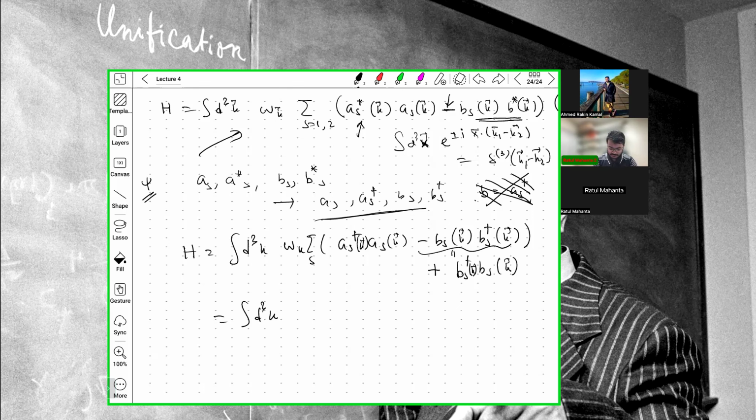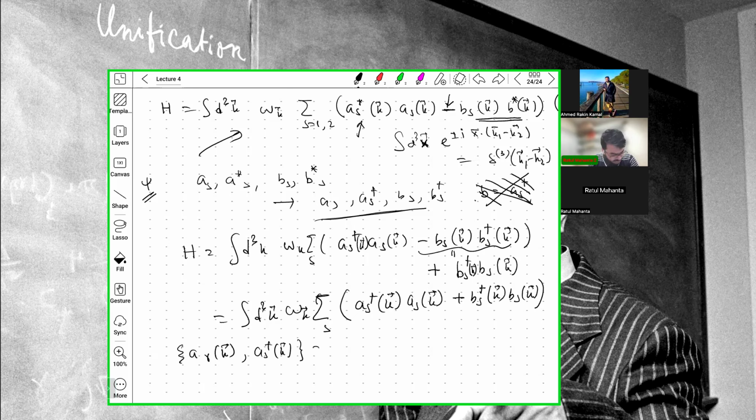And then we will get ∫d³k ω_k sum over s of this. Okay, so the commutation relations we will be imposing are {a_r(k), a_s†(k')} = δ_rs δ(k−k').